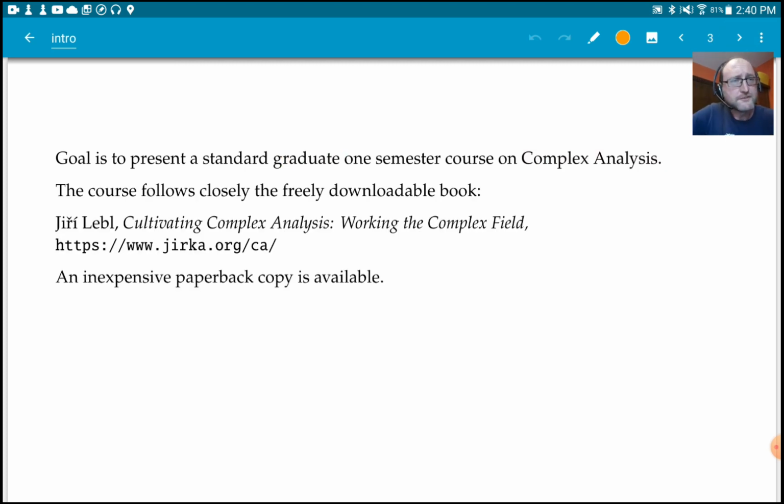So the course is going to follow this book, Cultivating Complex Analysis, which is available freely online. You can buy a paperback copy if you want. I don't know if you can see it in the small window over there, but you don't have to.